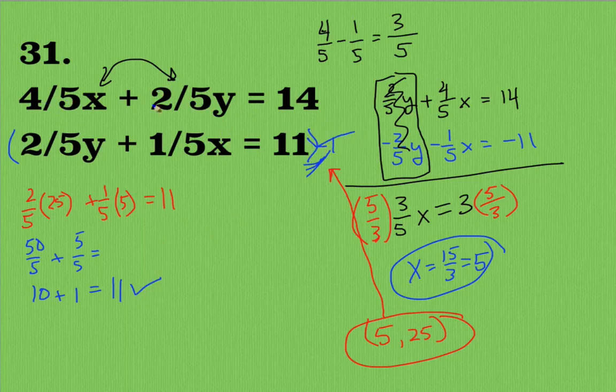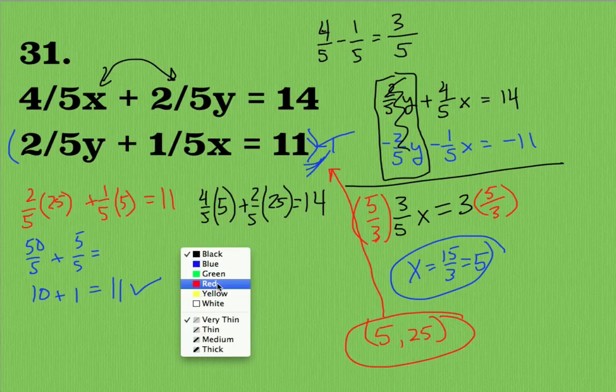Let's check out this top one now. Use a different color. So we have 4/5 times x, which is 5, plus 2/5 times y, which is 25, should equal 14. All right, let's test this out.